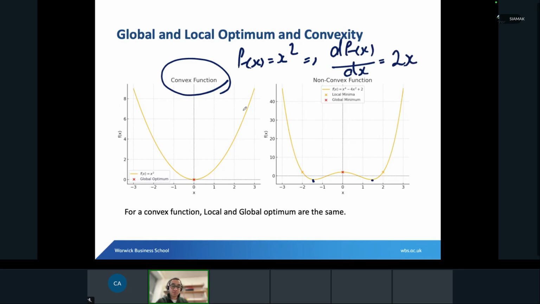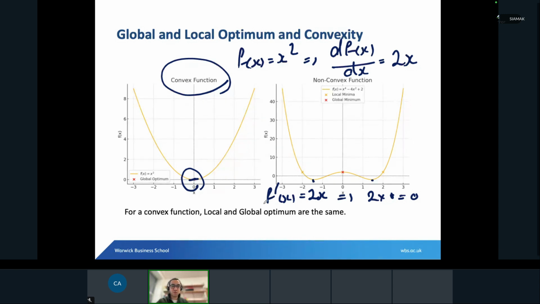Now if you plug in the value of this point x bar, which is 0 for us, f prime of x is equal to 2x. If you plug 0 in, you get 0, which means that the gradient is equal to 0.